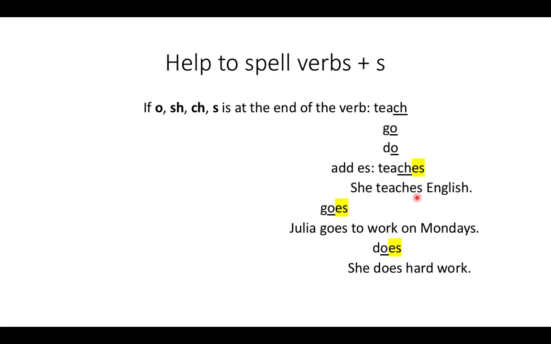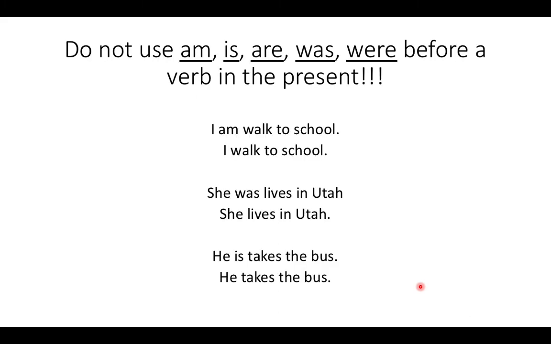It makes kind of an es sound, she teaches. For the word go, it turns into goes. Julia goes to work on Mondays. And do turns into does. She does hard work. So that's some help with how to spell the words.